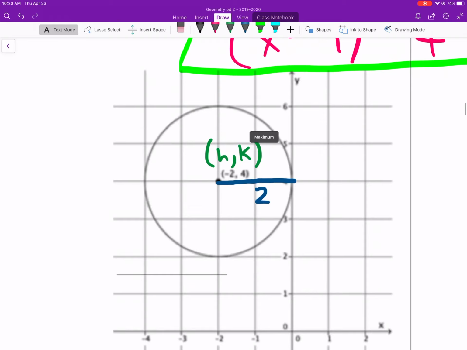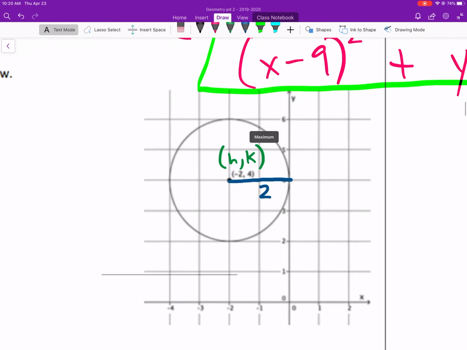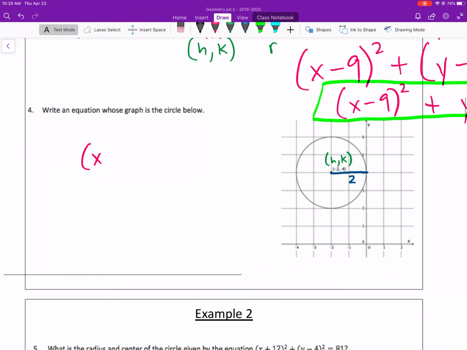Now, the h value is negative 2 here. This is the first time we're dealing with one of the points being negative. So it's negative 2 for the h value. That changes to a positive 2 because it's like you're subtracting a negative 2, which becomes positive. So this would be (x plus 2) squared plus y.